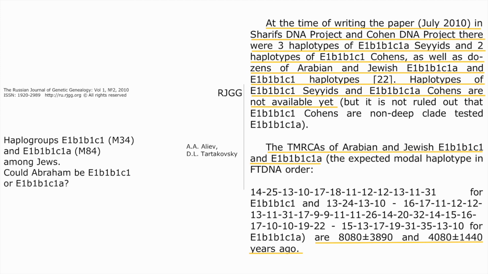Haplotypes of E1b1c1 Saids and E1b1c1a Cohens are not yet available. The TMRCAs of Arabian and Jewish E1b1c1 and E1b1c1a are 8,080 plus or minus 3,890 and 4,080 plus or minus 1,440 years ago.